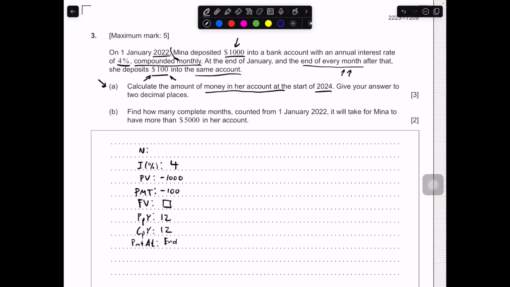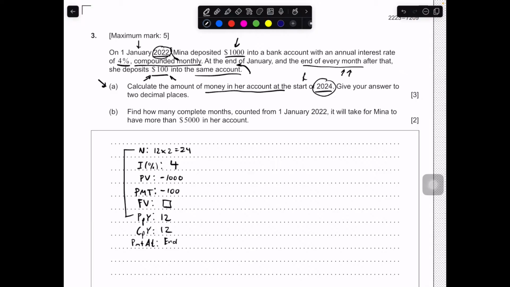Bank account and interest at the end. The number is how many payments per year we're making times the number of years. So if it starts in 2022 and goes all the way to 2024, we started in January as well, we have 12 months times 2 years, or 24 payments.